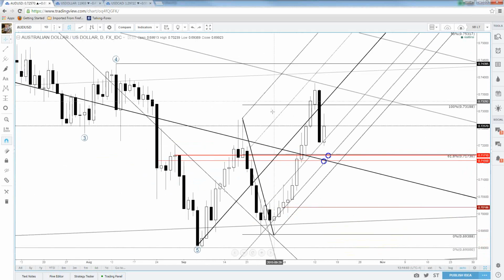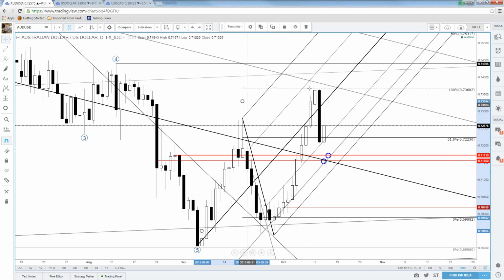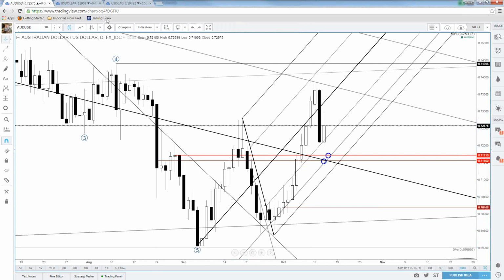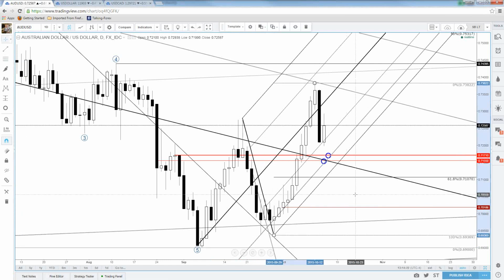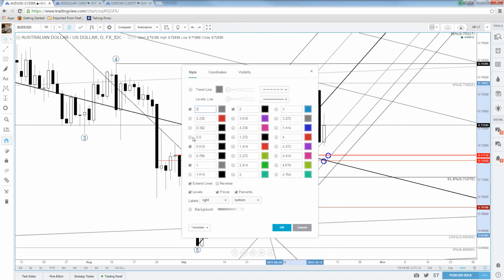We've pulled back over the last couple of days here and should be looking for entries on the long side at the high volume levels, in my opinion.